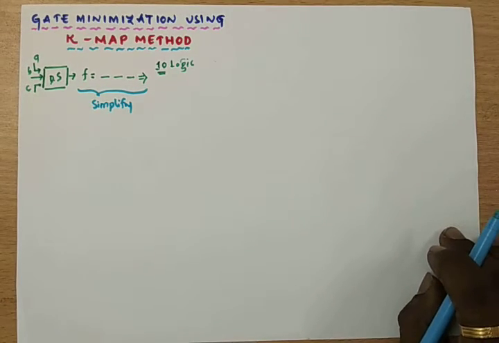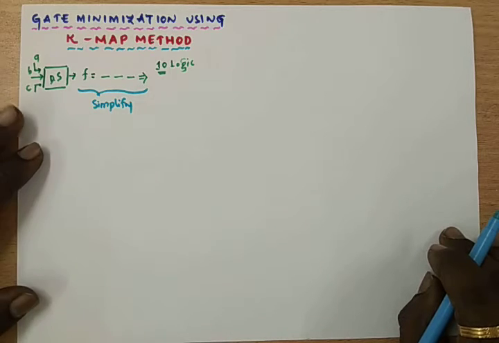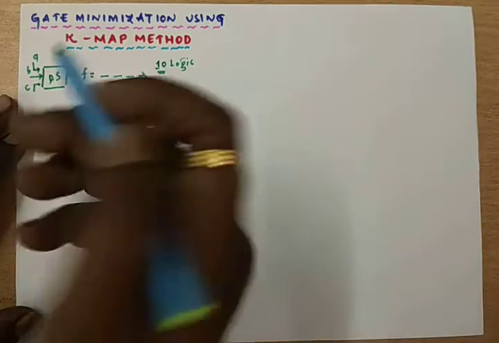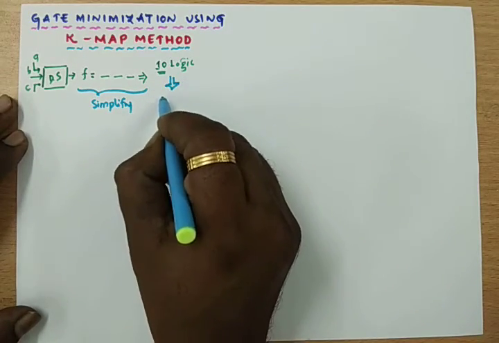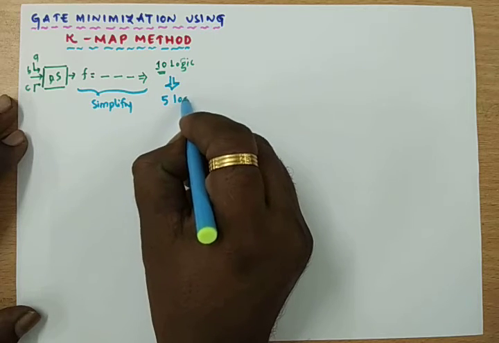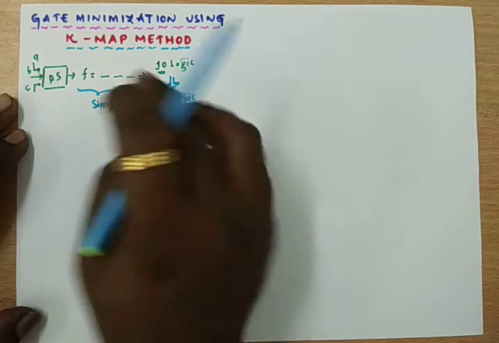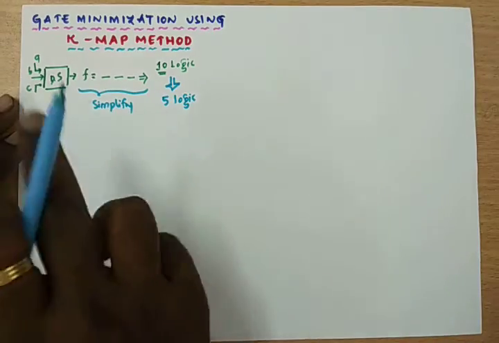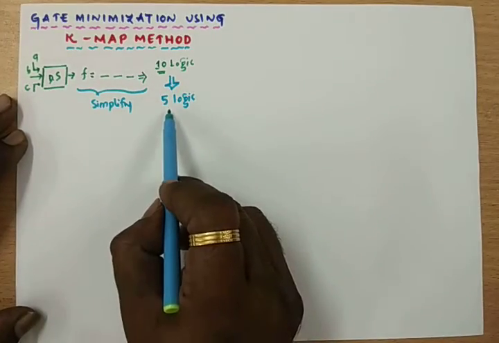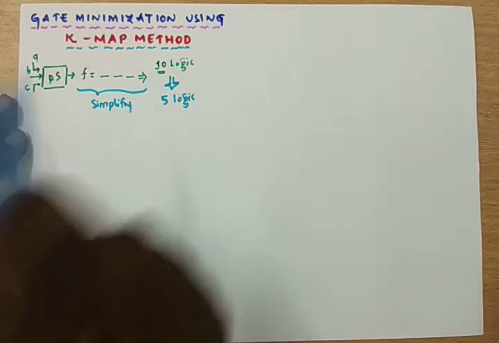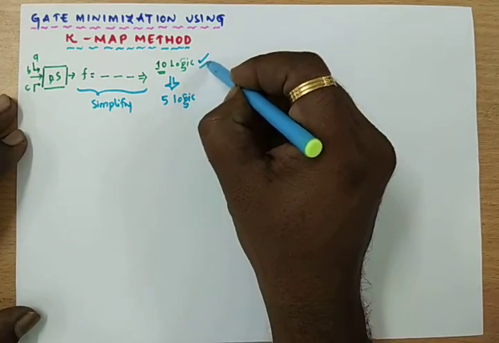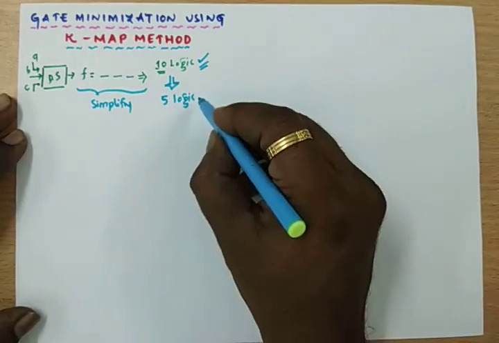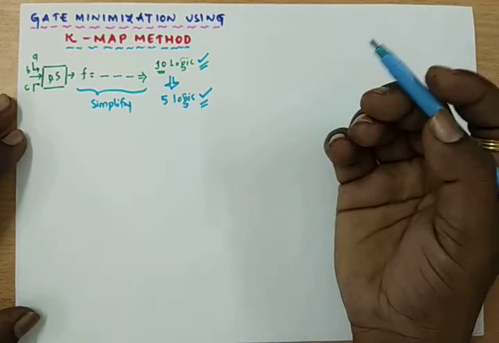After simplifying this output expression, I don't require these 10 logic gates. I require, for example, only 5 logic gates, because of the simplification. So without simplification, I require 10 logic gates. After simplification, I need only 5 logic gates.